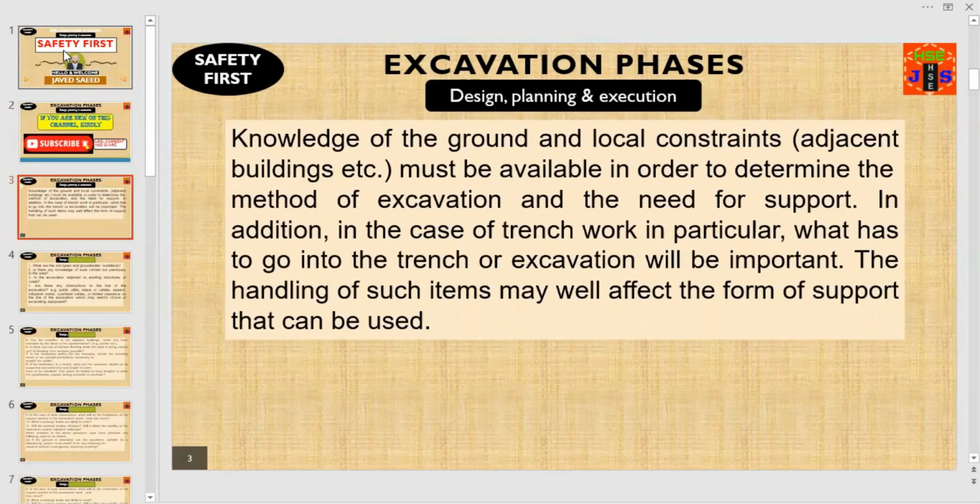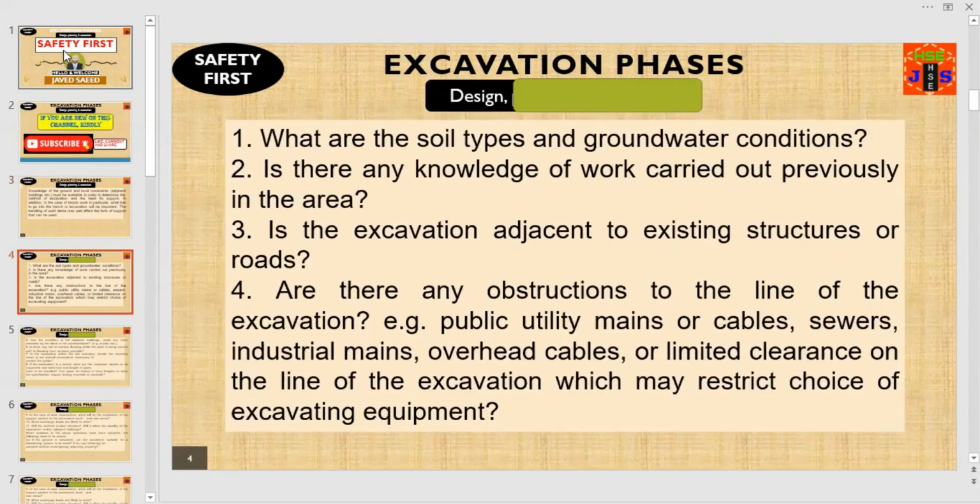The handling of such items may well affect the form of support that can be used. In the design stage, you have to remember the following questions. Without the answer of these questions, design stage shall never be complete.